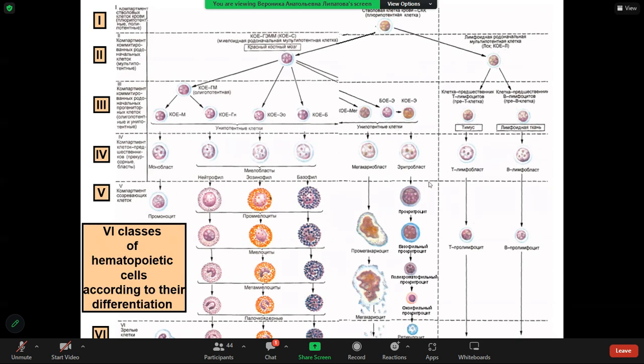About another unusual lineage, this is erythropoiesis. We see number 5. Remember, pro-erythrocyte. After this the cell differentiates to store hemoglobin, to prepare hemoglobin for transport of oxygen and carbon dioxide.